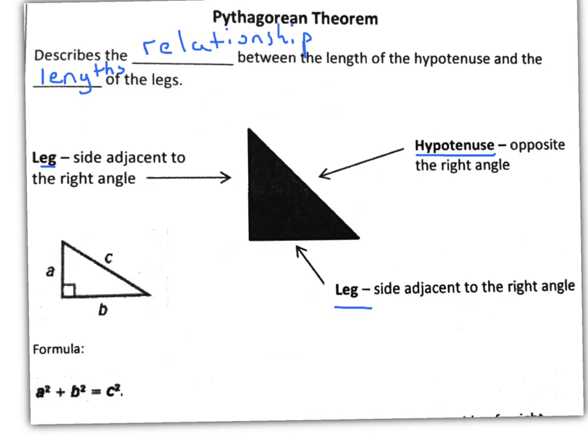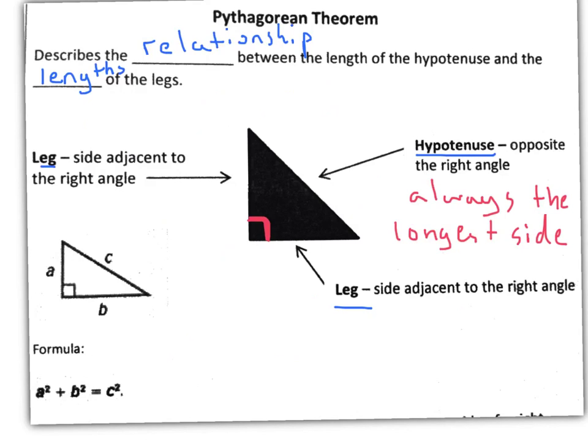The two legs are connected to the triangle at that right angle. So on either side of the right angle you have your legs, and then you have the hypotenuse opposite the right angle. And that hypotenuse in the right triangle is always the longest side.